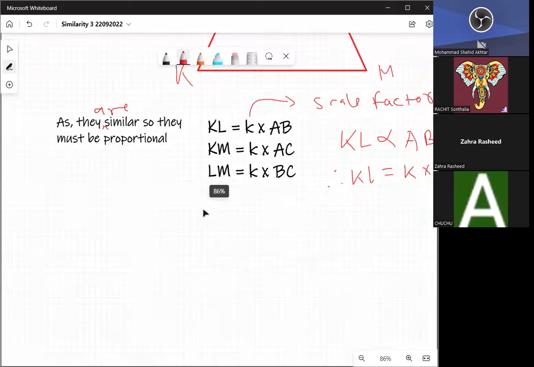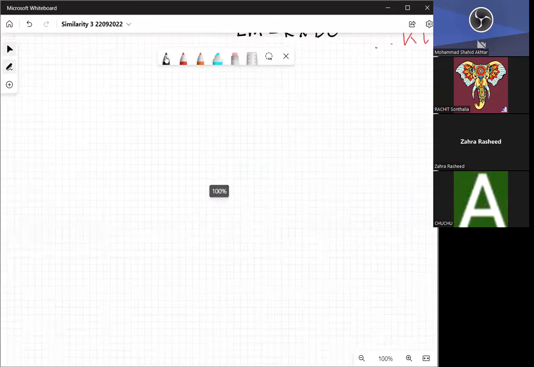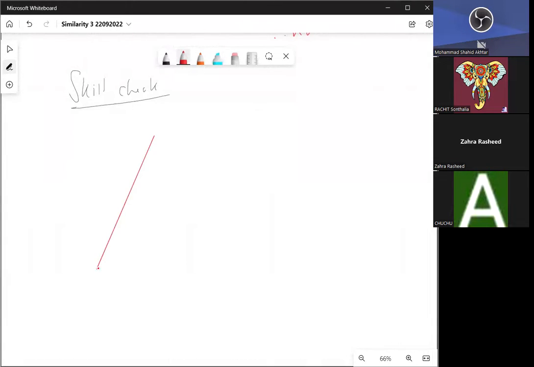Fine. Now, the next thing we're doing after this is let's do a question to find out if you actually know what this means. Skill check. Now, I'm going to open a question. You have two shapes.